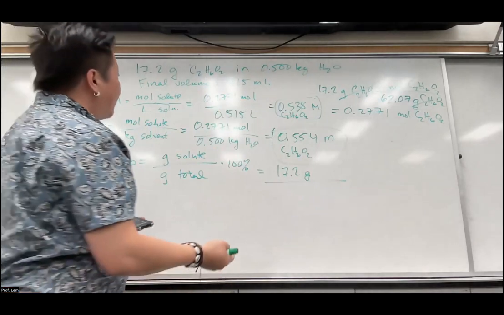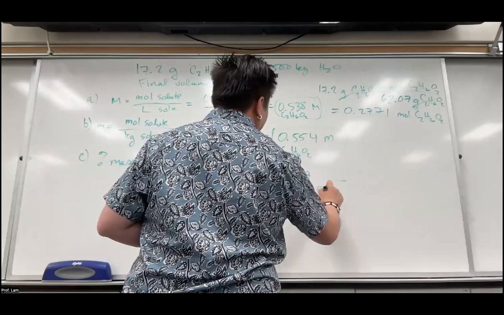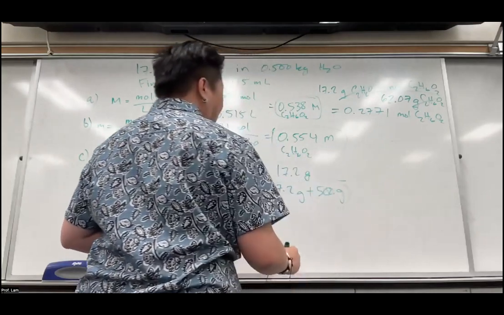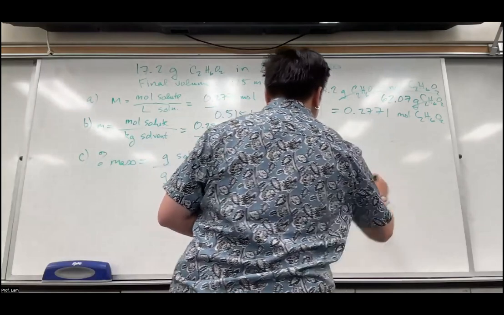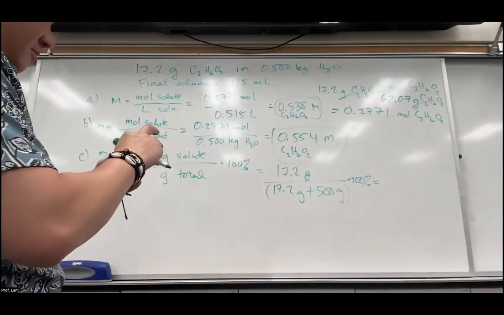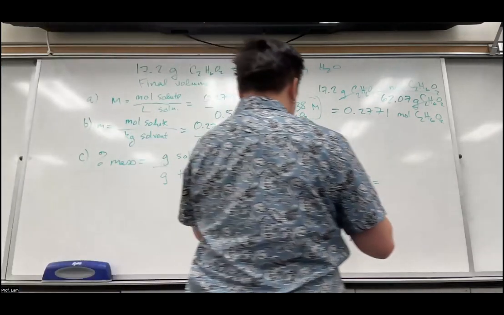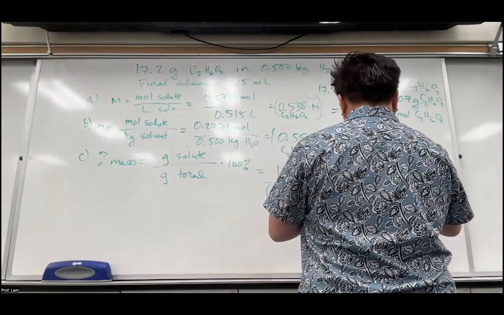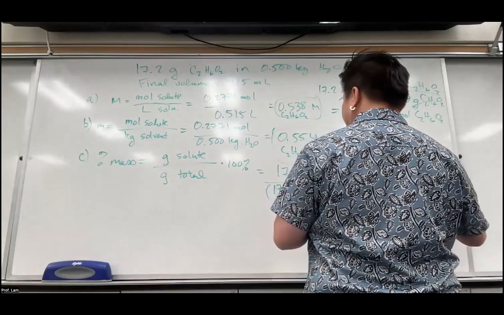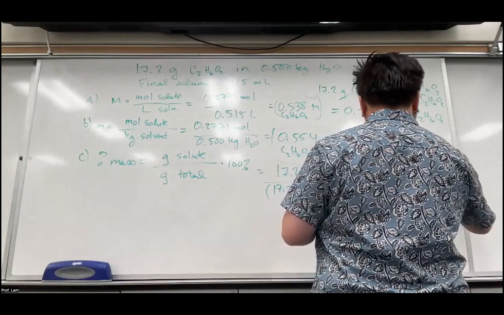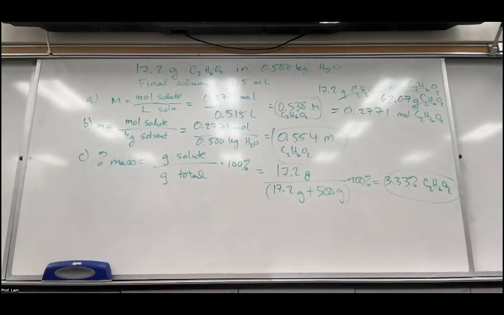We get 500 grams. So 17.2 grams plus 500 grams at the bottom times 100% is equal to 17.2 over 517.2 at the bottom times 100, 3.33% C2H6O2.